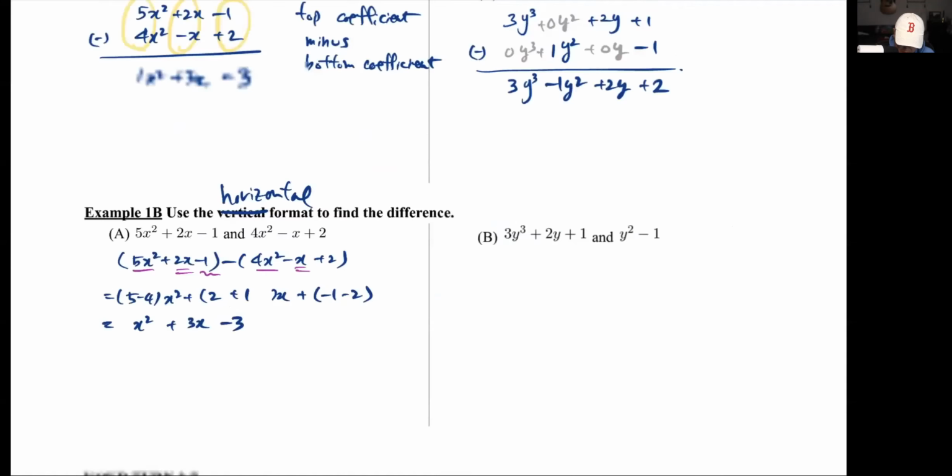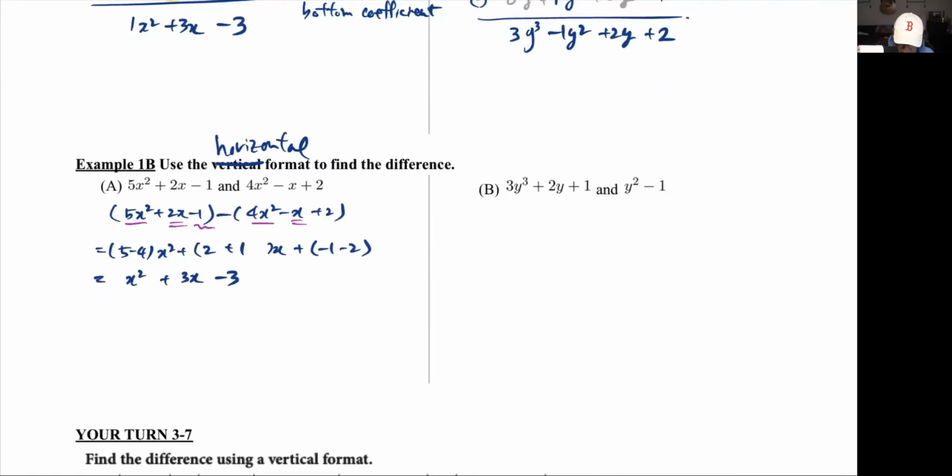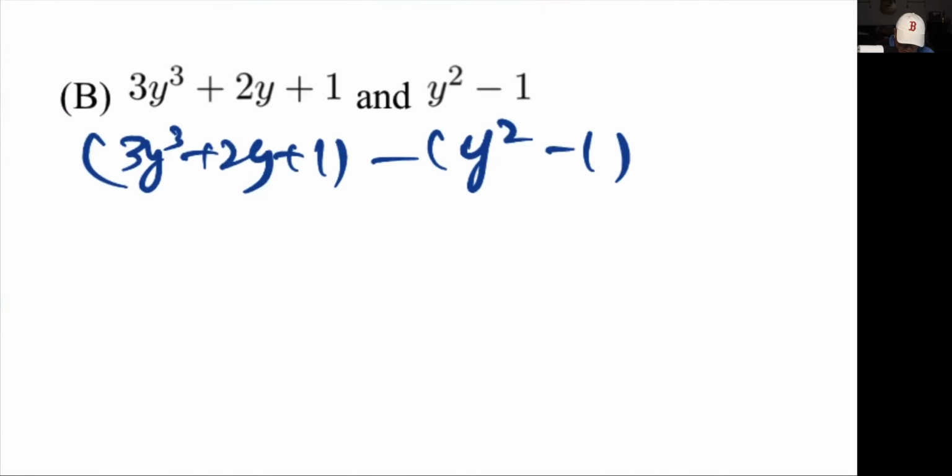The next one, we basically do the same thing, right? That is a 3y cubed plus 2y plus 1 minus y squared minus 1. Now, if I zoom in, I only care about the ones that match, actually, right? The only thing that matches are these two.